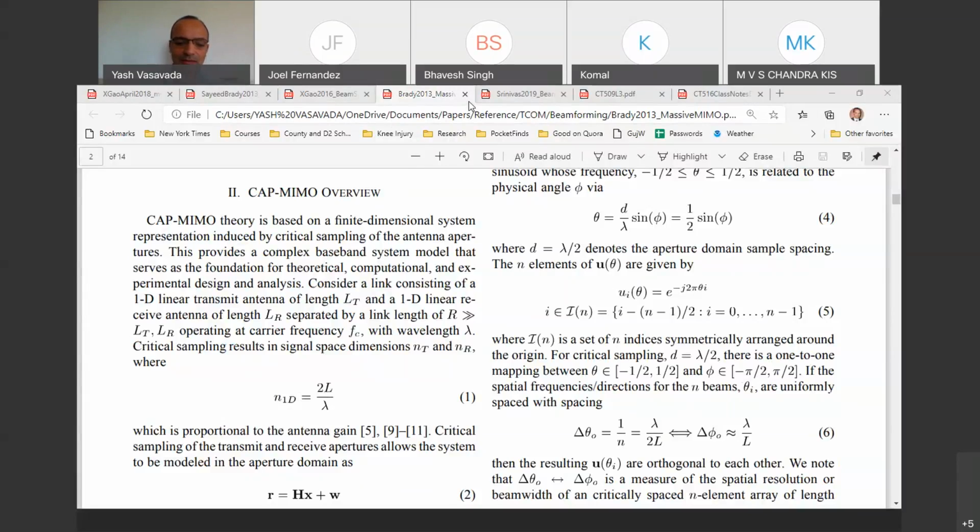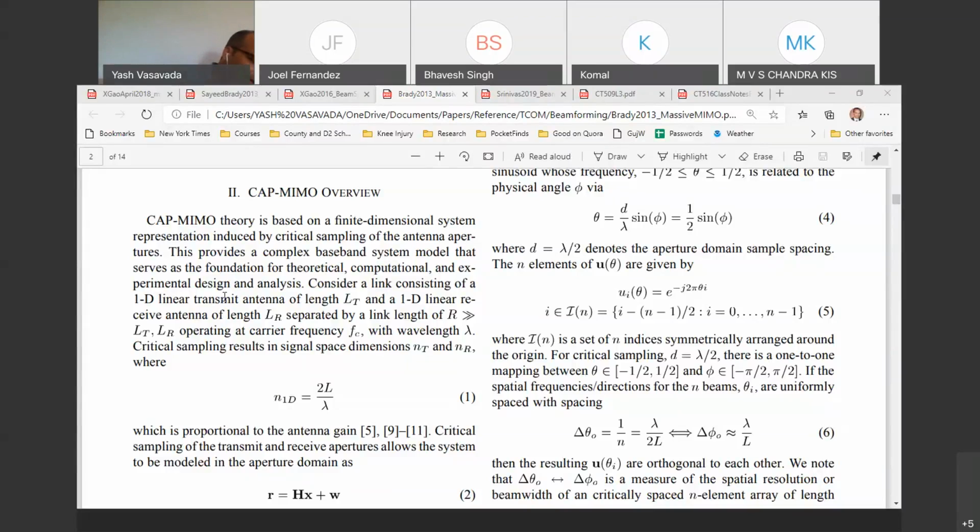So 10-meter antenna, and I'm taking 10 samples out of it, and assume that it is uniformly sampled. Then what I get is what? Per sample 1 meter length. Basically 10 meters divided by 10 gives me 1 meter. 1 meter per sample.